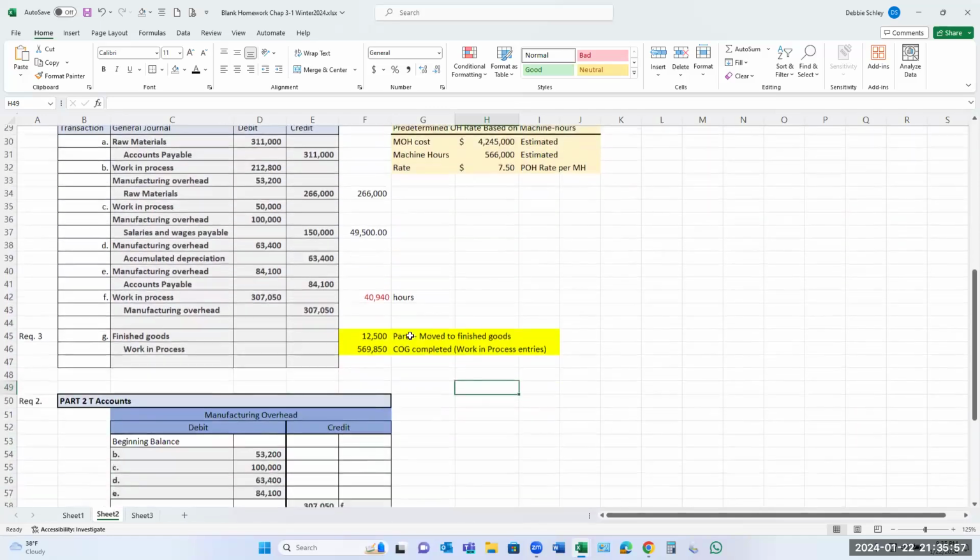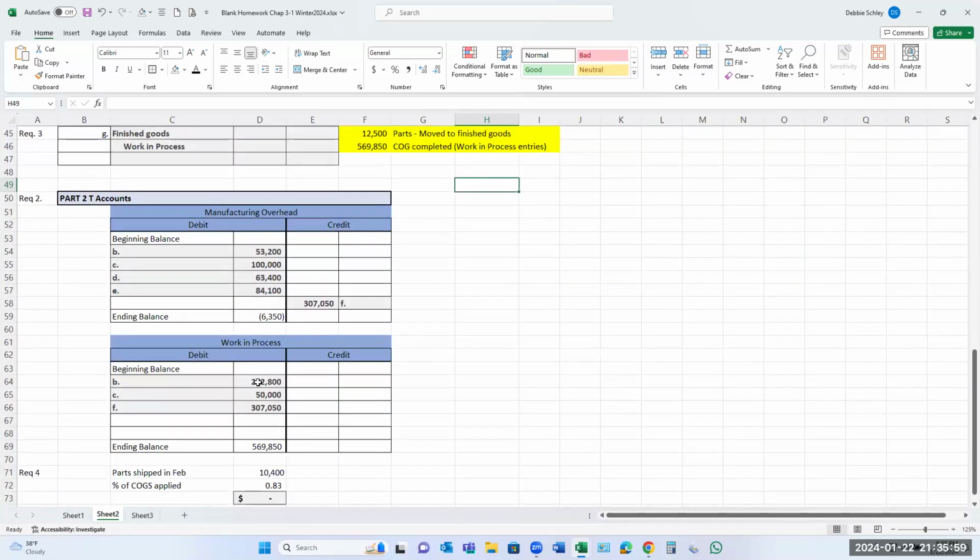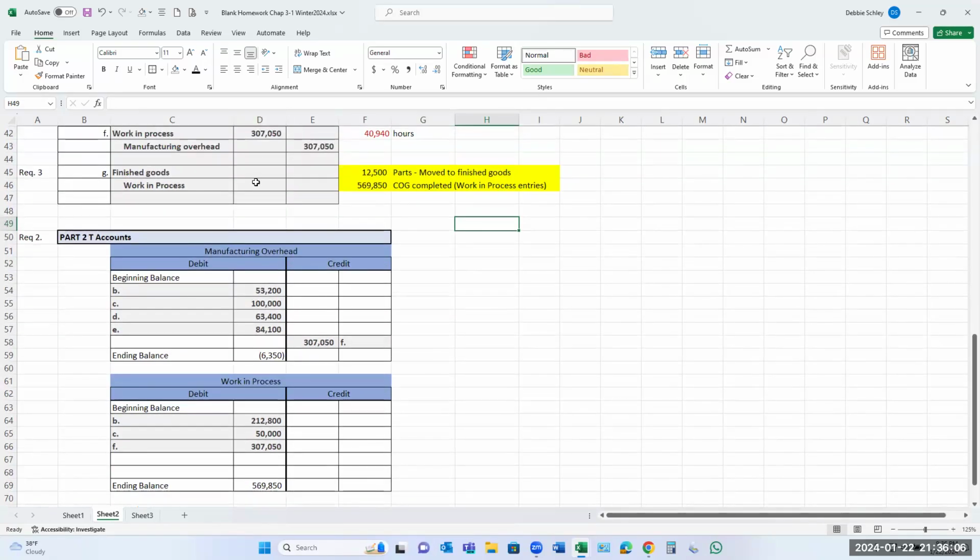Yes. So those 3 numbers added together give you the number to use for required G. So finished goods debit, right? Because we're moving it into finished goods. And then a work in process credit because it's coming out of work in process because it got finished. So it's going out of work in process and into finished goods. Remember, debits go first, credits go second.